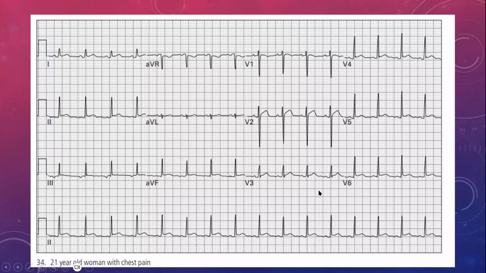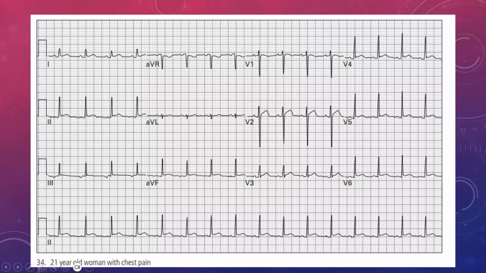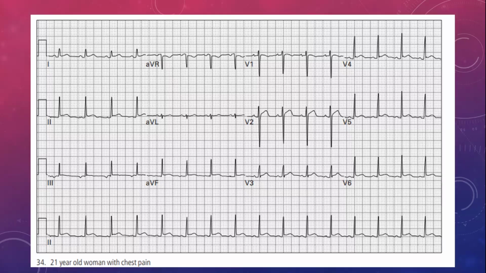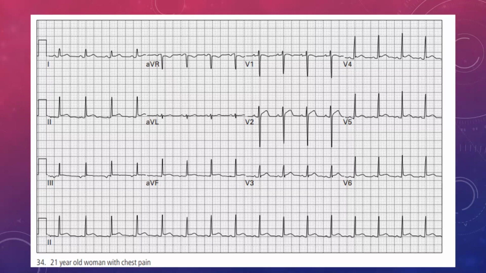Now, does this mean that this ECG is diagnostic of pericarditis? No. You would still have to rule out an infarct. You would still have to rule out a hypercoagulable state. You would still have to rule out other forms of inflammation and other forms of infection. But considering that when you're working in any sort of emergency department, you look for the most common things first, because the most common things occur more commonly, and then you go down the list to see what's going on beyond that, right?